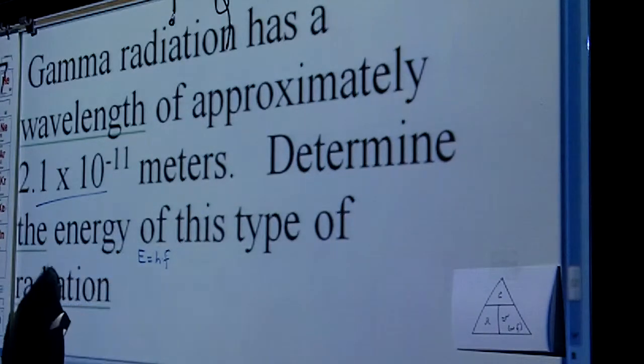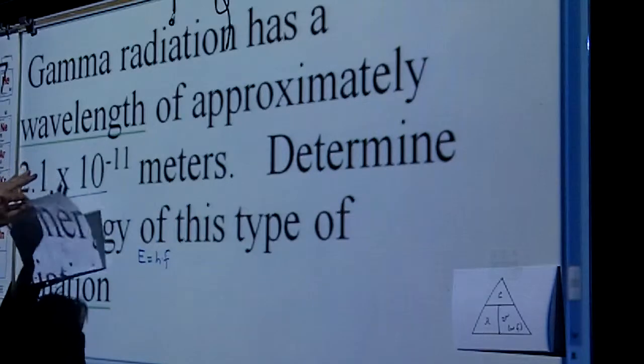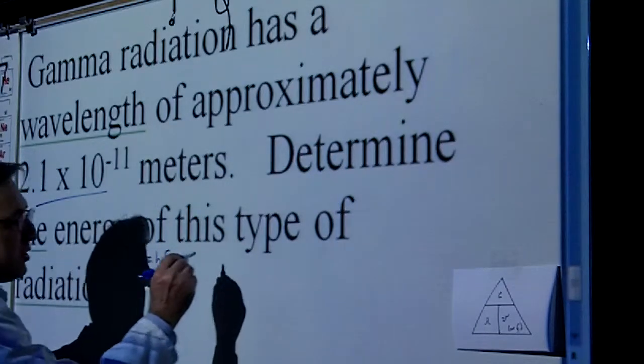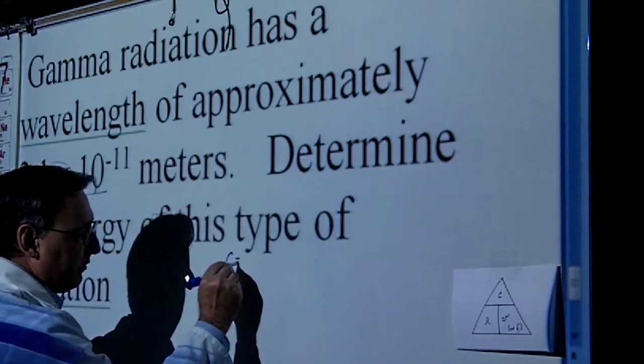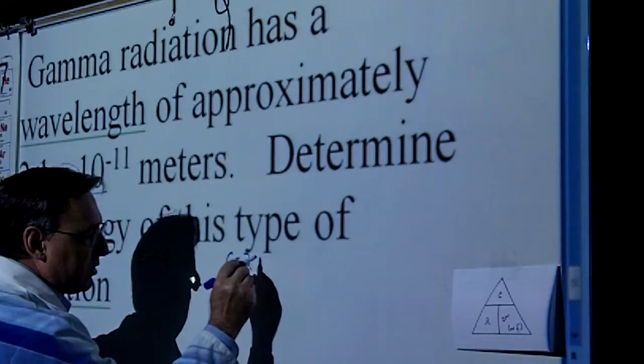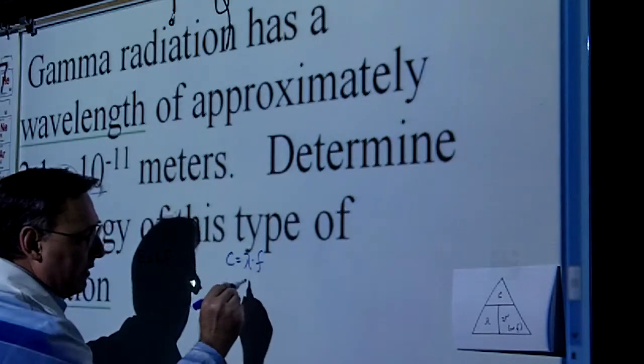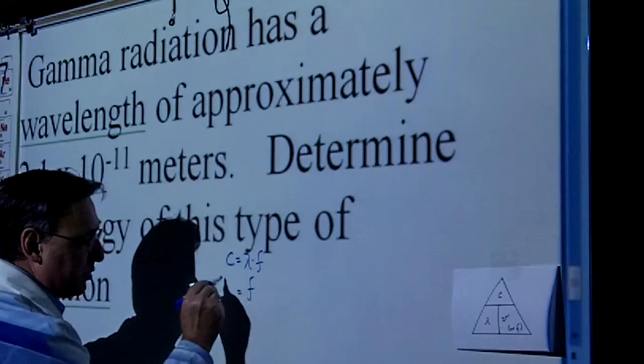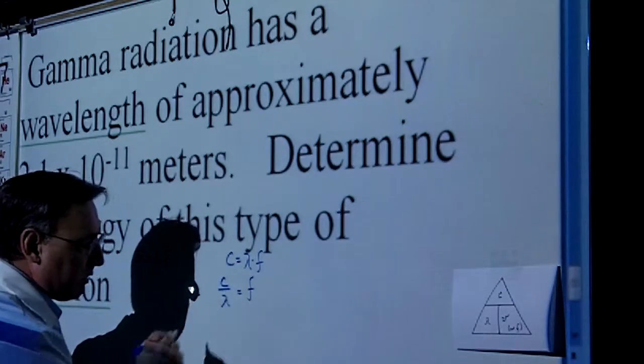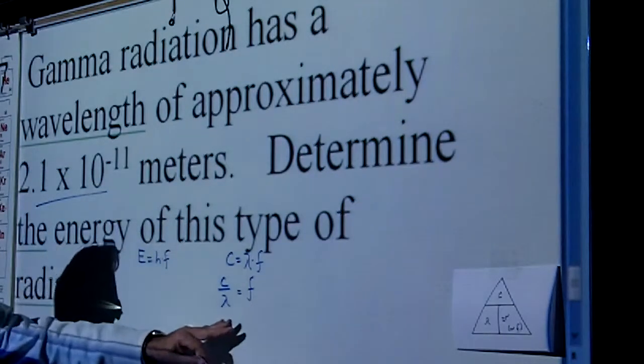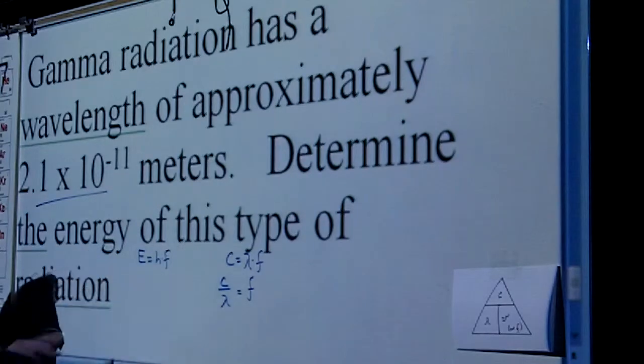Unfortunately, they're not giving me frequency, they're giving me wavelength. So what I'm going to have to do is use this formula first. Speed of light, it is electromagnetic radiation, times the frequency, and then solve for frequency by saying speed of light divided by the wavelength, okay? I'll get frequency and then plug that number right in there, and it'll give me the energy.